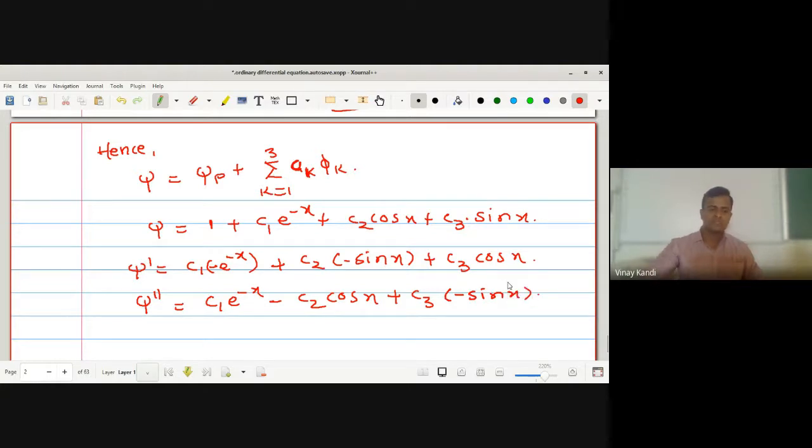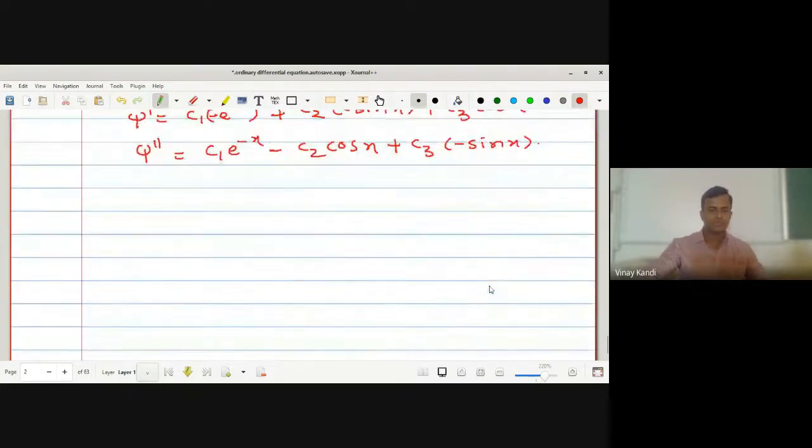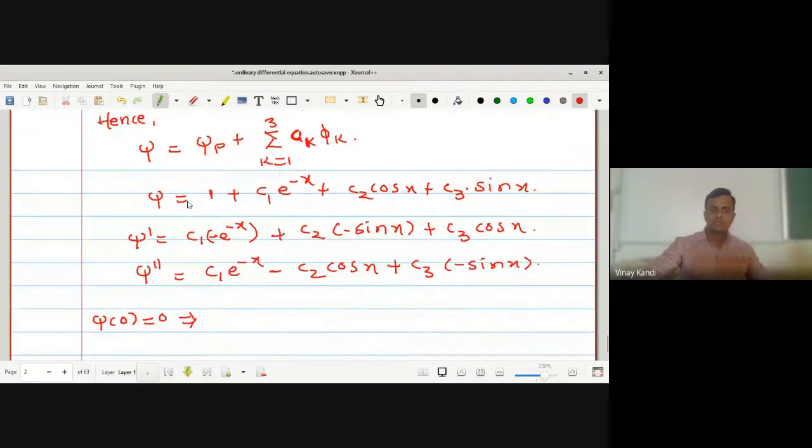Okay, now psi of 0 is what was given? psi of 0 is 0. psi of 0 is equal to 0. Now put 0 in place of x here. So what do we get? This is your 0. cos 0 is 1, sin 0 is 0. So 1 plus c1 plus c2 is equal to 0. This is the first equation. psi dash of 0 is equal to 1 implies, put 0 in psi dash.